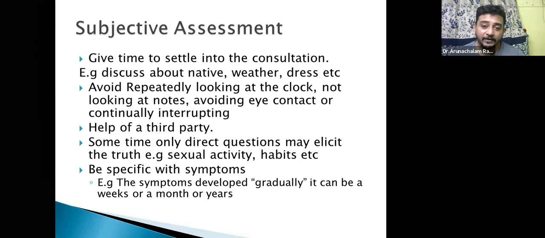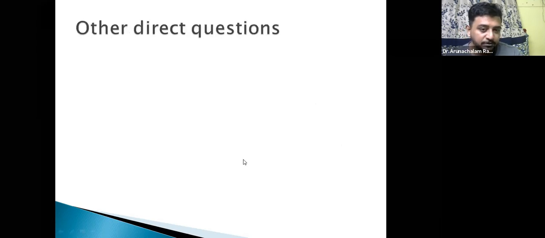If it developed within a few days, you can say it's a vascular problem. If it is developing over a period of months, you can say it is a tumor. If it is developing over years, it can be myopathy or a neuropathy. So depending upon the duration, you can come to some conclusion about the differential diagnosis.